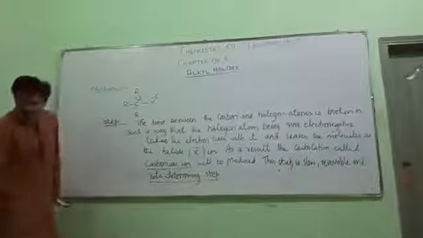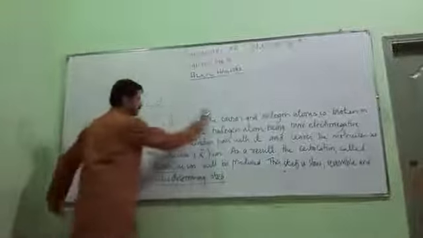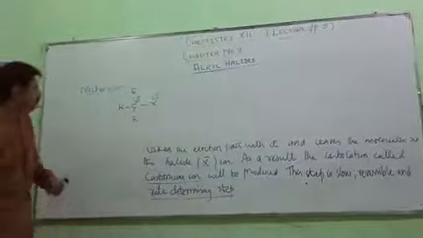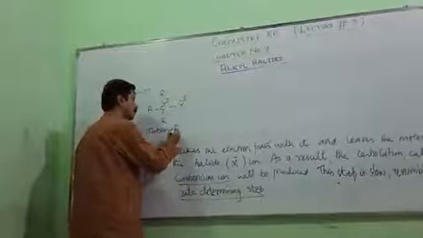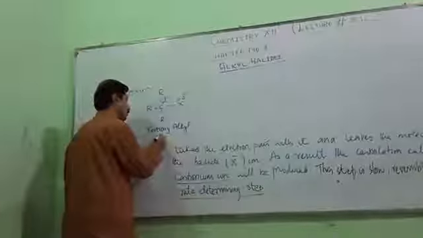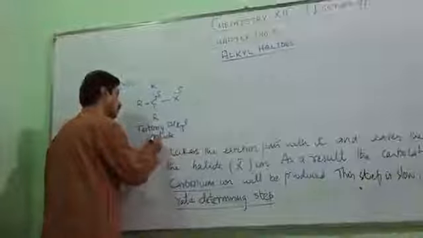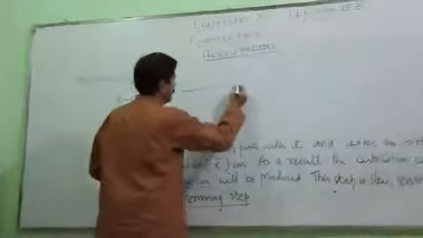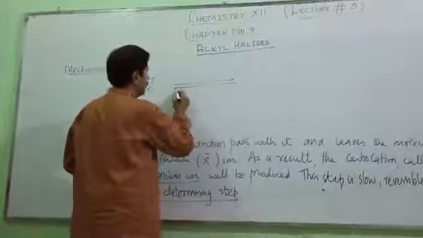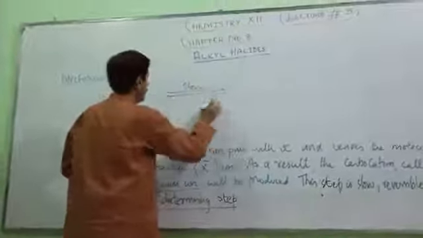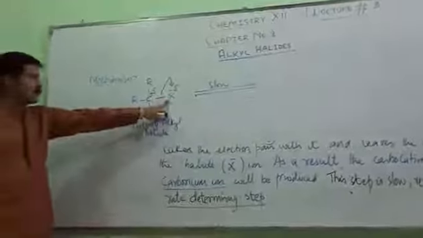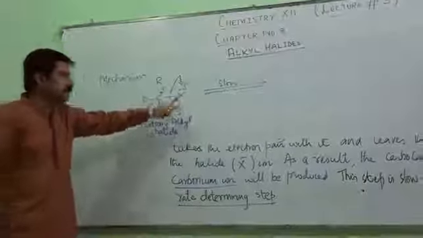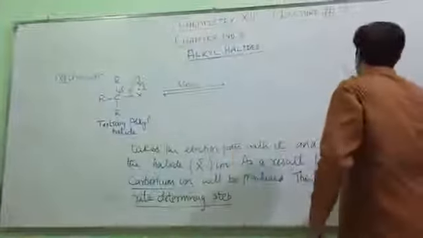Now this is the general representation of a tertiary alkyl halide. The halogen atom being more electronegative will get the electron pair with it and leaves the molecule as the leaving nucleophile.